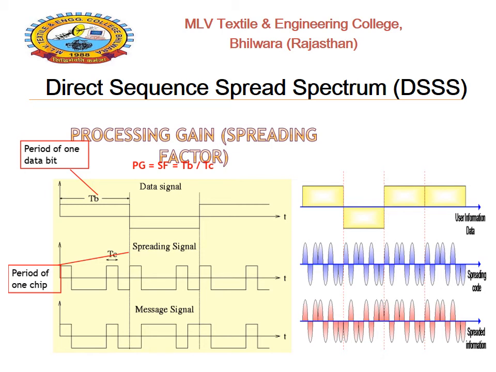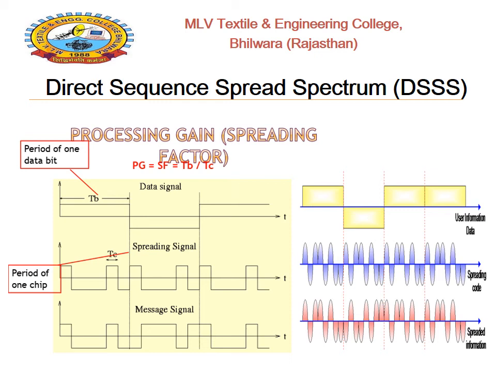Next is the chip spreading signal. There are a total of 5 pulses in one bit duration. As seen in the diagram, it represents 1 0 0 1 0 for one T_B, then 1 0 0 1 0 for the next T_B, and 1 0 0 1 0 for the third.